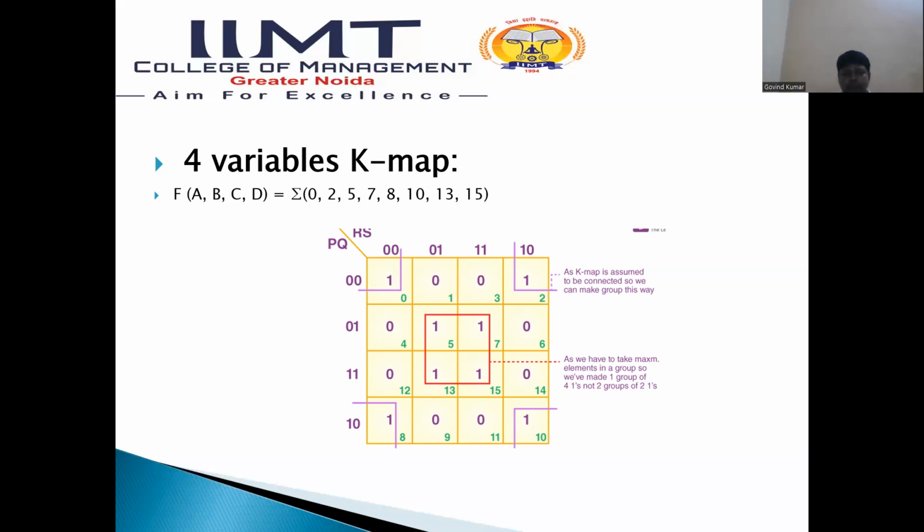The first cell is A, B, C, D, according to A complement, B complement, 0 0, and then A complement, B complement, C. Just like this we create the cells and positions, and the K-map assumes them connected, so we can make groups this way.